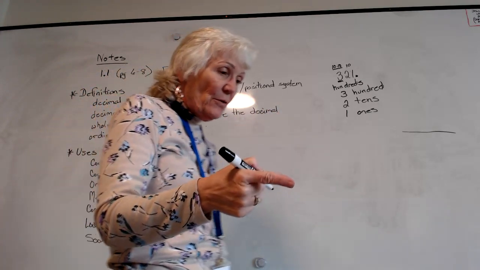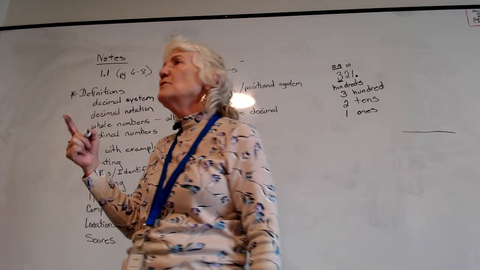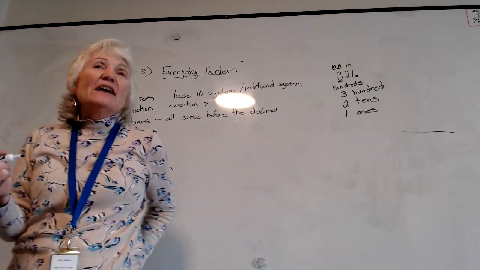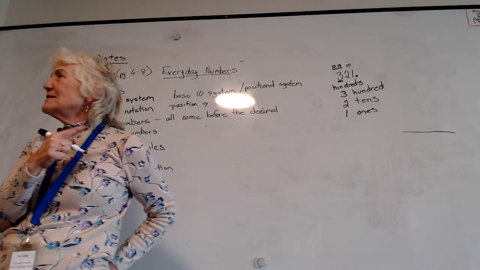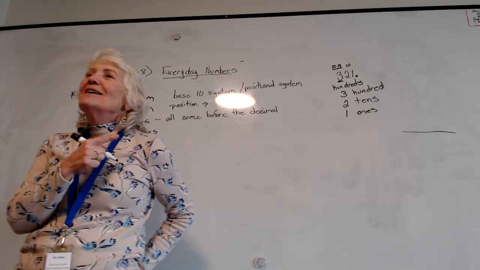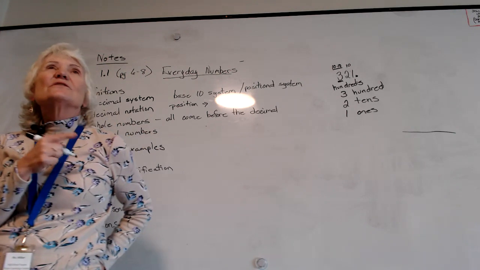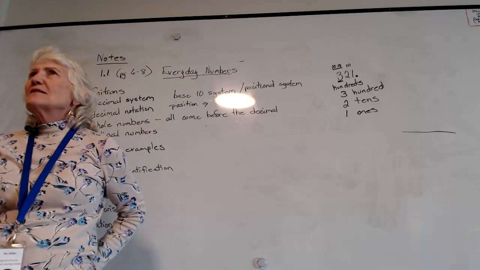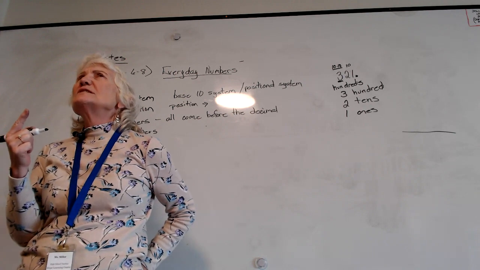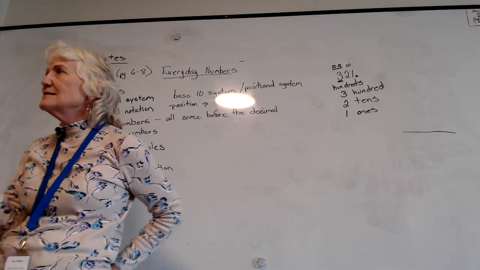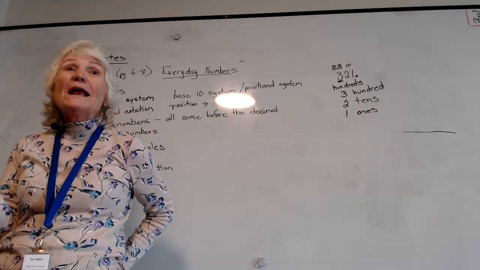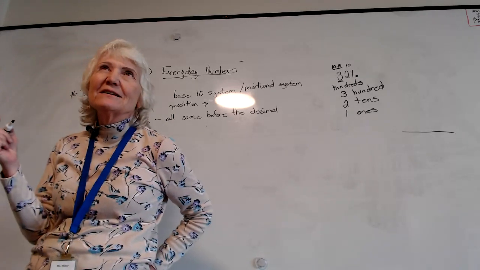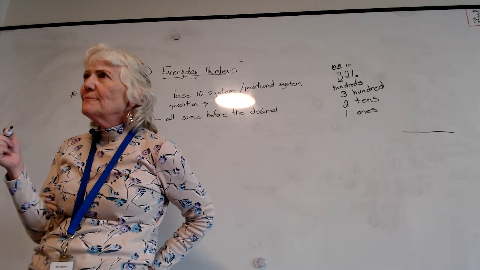Do you know that if you go to Europe or Britain, as you get up higher in our positional system, there's quintillions, which are like way up there, past trillions, and I can't think of the next one.